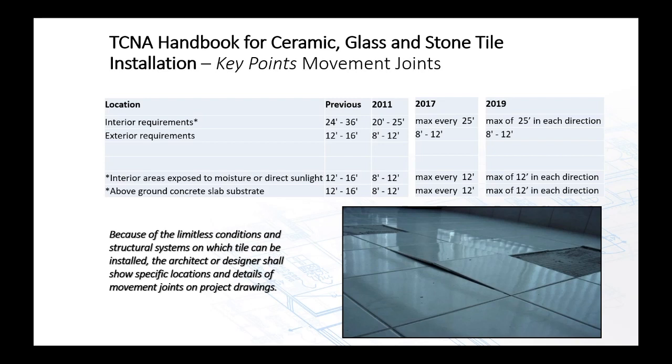Contractor friendly language again. One thing that's in the EJ 171 movement joint method, it says clearly, please, because of limitless conditions and structural systems on which tiles can be installed, the architect or designer shall show specific locations and details of movement joints on project drawings. This is important.